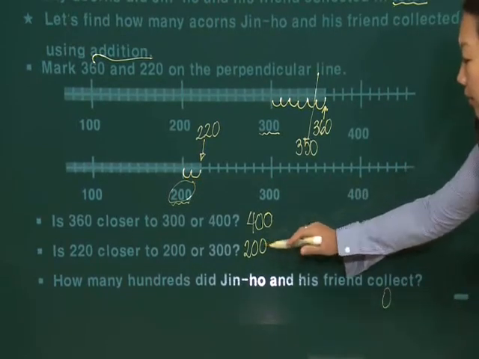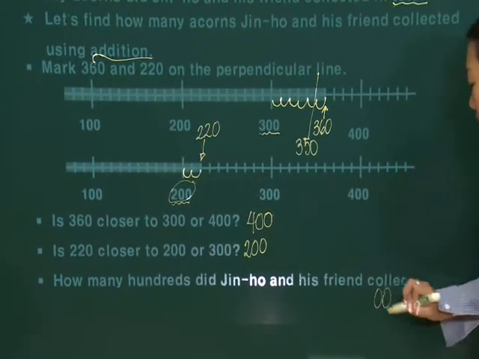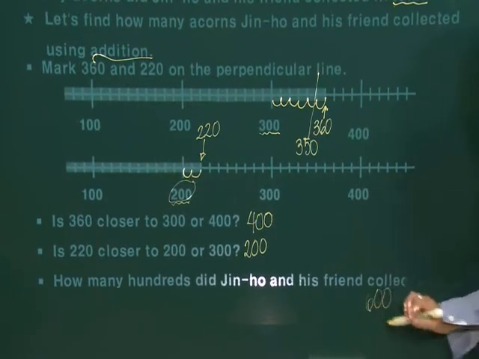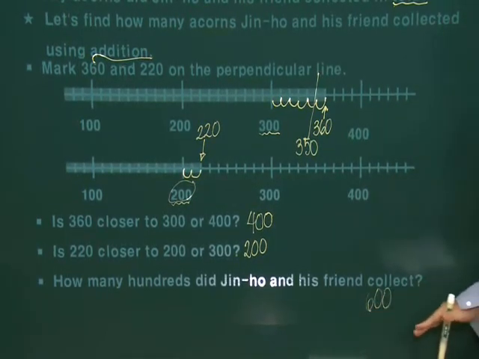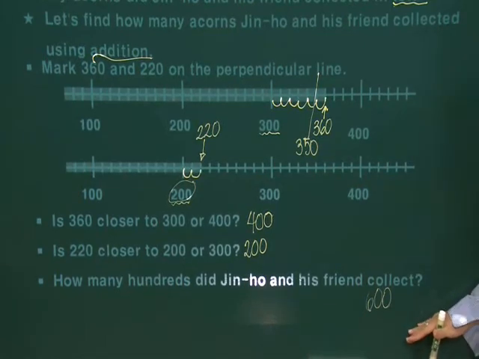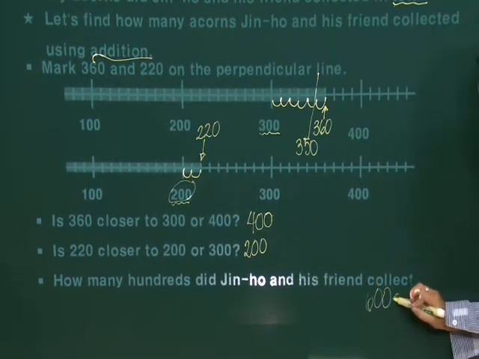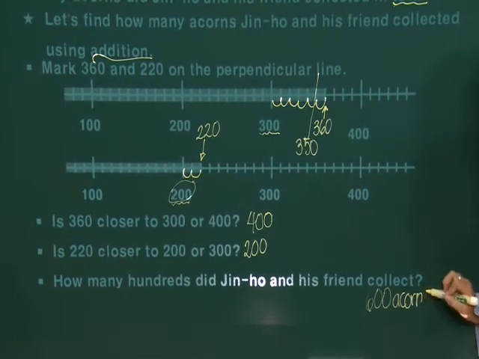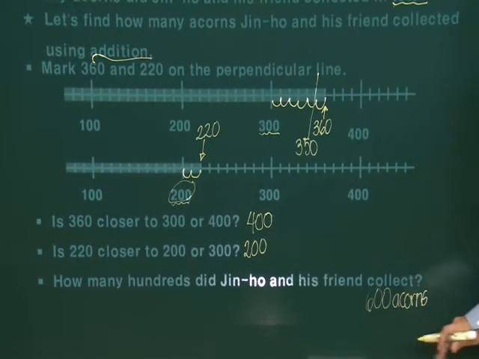And then 0 plus 0 equals 0. And 4 plus 2 equals how much? 6, right? So how many acorns did they collect? They collected 600 acorns. Again, please never forget your units. So the answer will be 600 acorns.